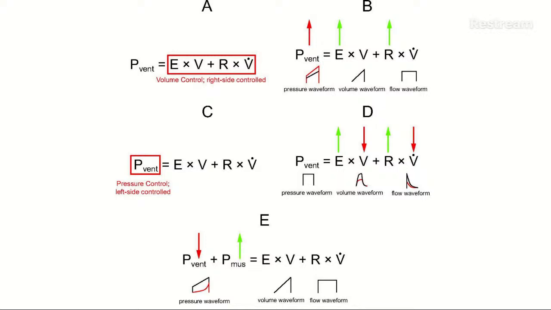So the simplest way to address flow asynchrony is to switch to something where flow is variable. Flow becomes variable. So that mode is pressure control. Then the patient may get a flow as per their required flow requirements.